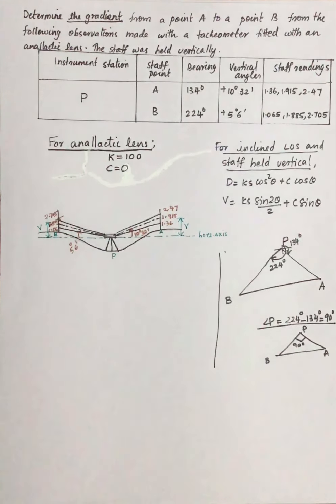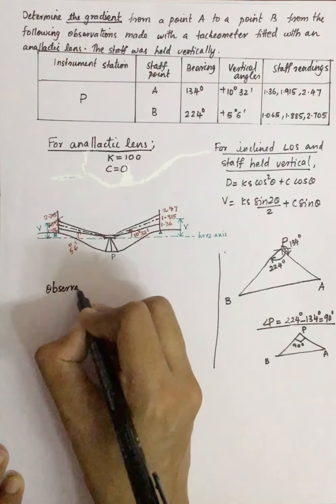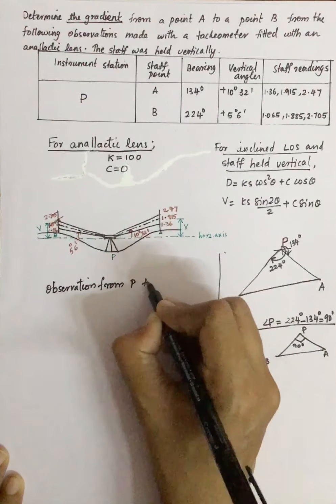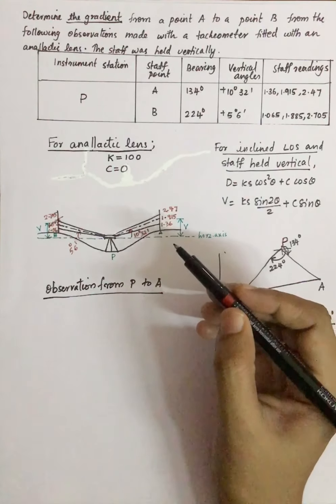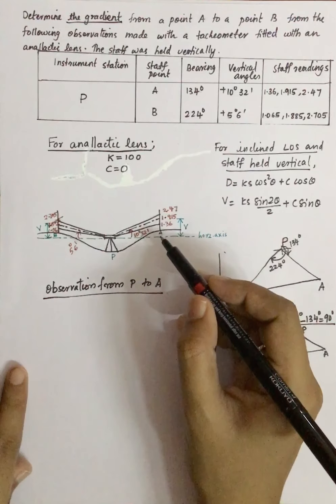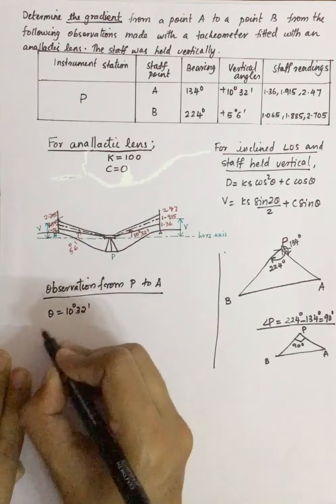Okay, so let us start solving this problem. First one is observation from P to A. From P to A, theta is 10 degree 32 minutes.